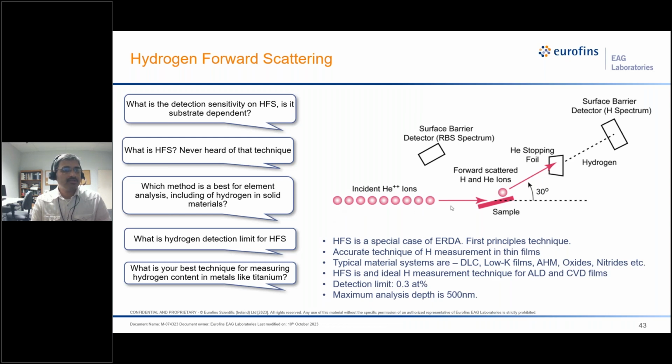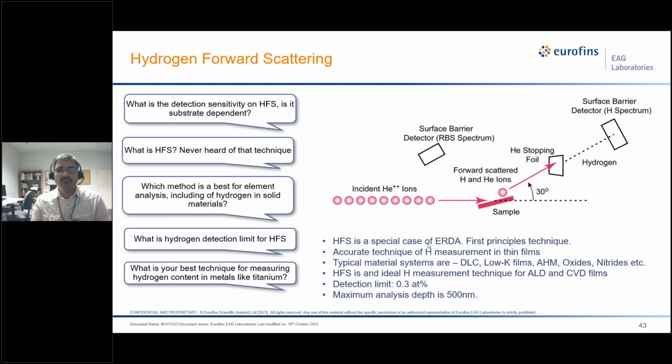The helium ions enter the sample at grazing incidence, and the hydrogen and helium atoms are recoiled off the sample. We strip the helium atoms using a helium stopping foil, and only the hydrogen atoms reach the final detector, and we count how many hydrogen atoms are received.